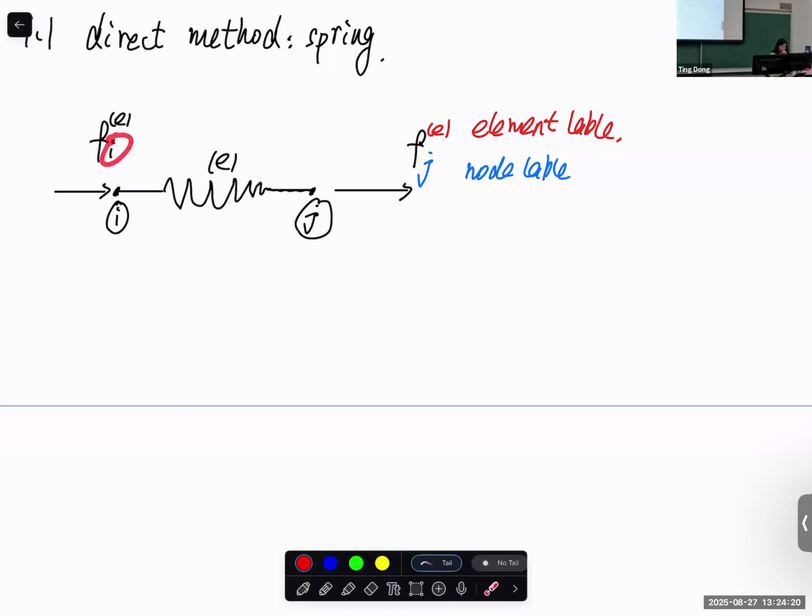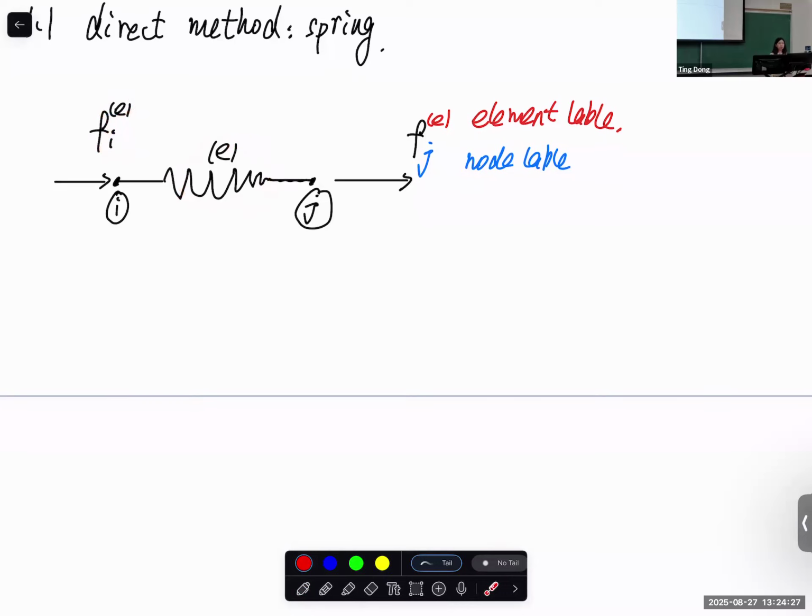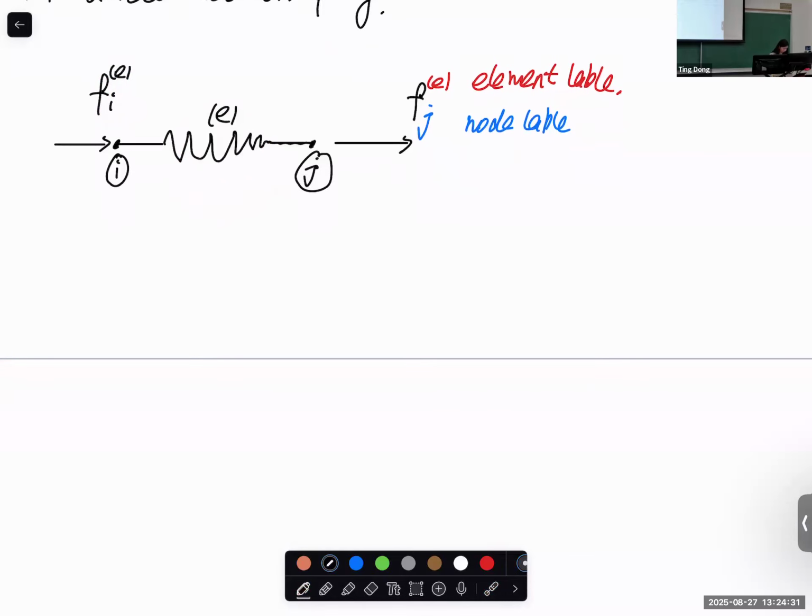I means node I, E means this specific spring element. I just want to make it consistent with the textbook, so you guys don't get confused when you read the textbook.